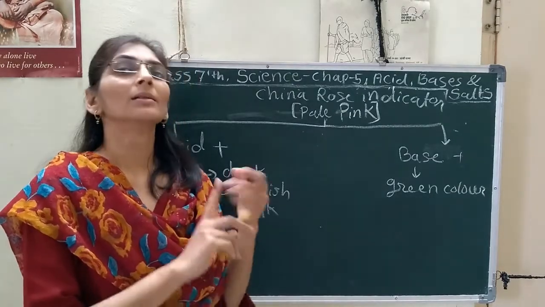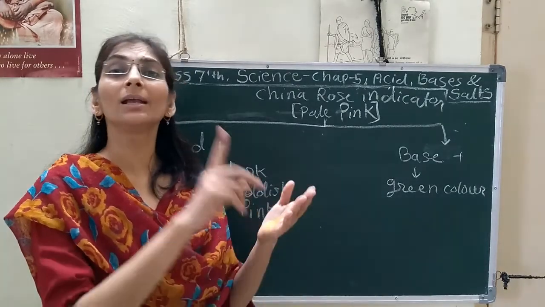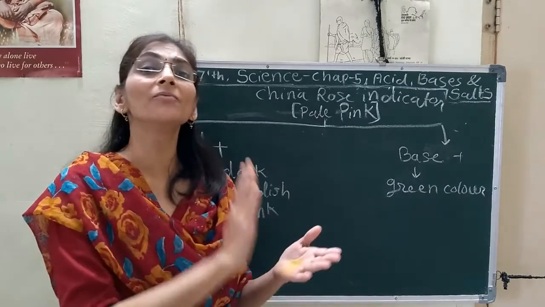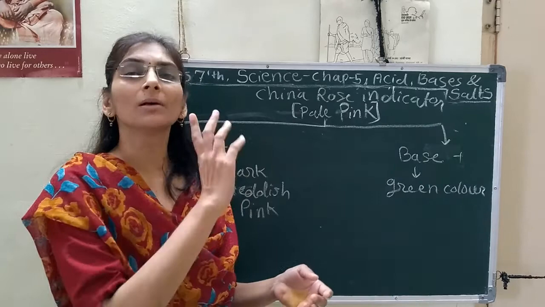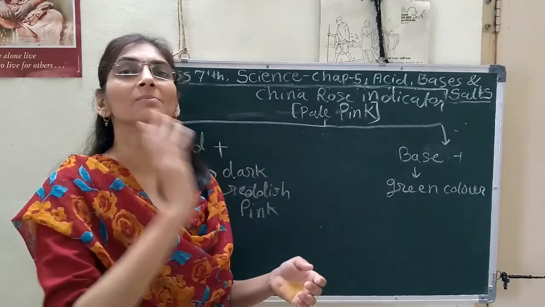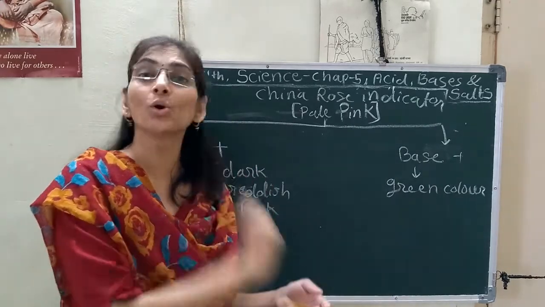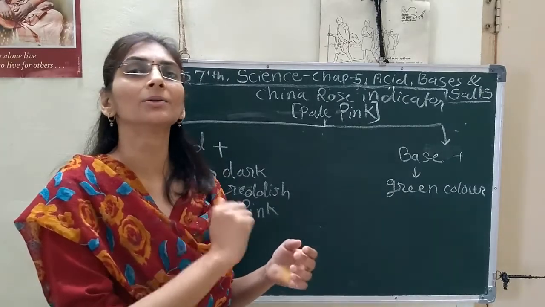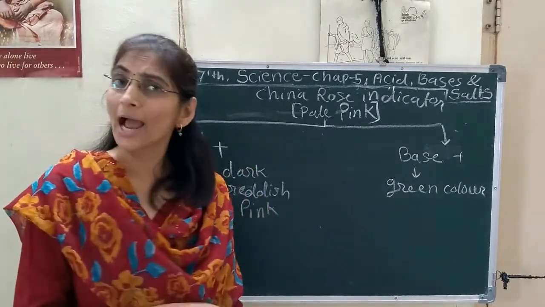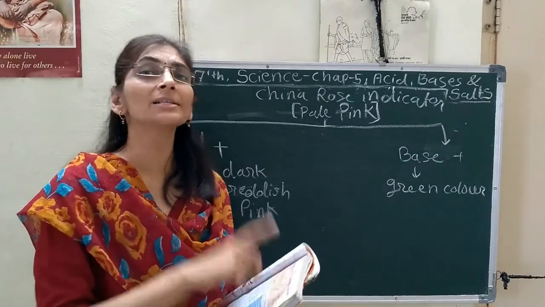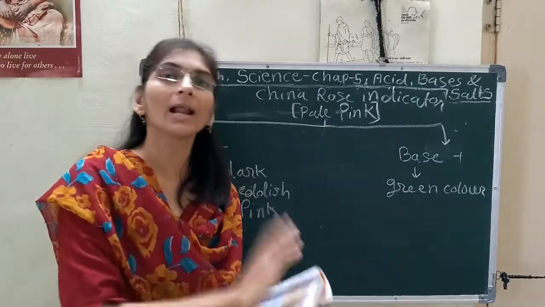So what is the reason? There is a necessity of aqueous medium for ionization of acid and base. The acids and bases must be in solution form. They do not get ionized when they are in dry state.